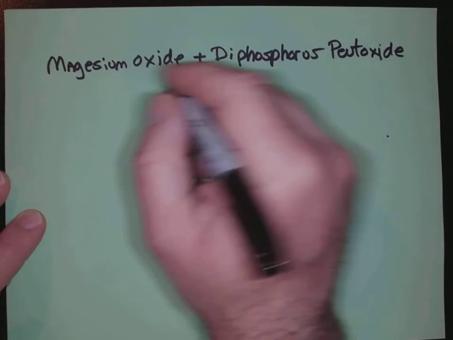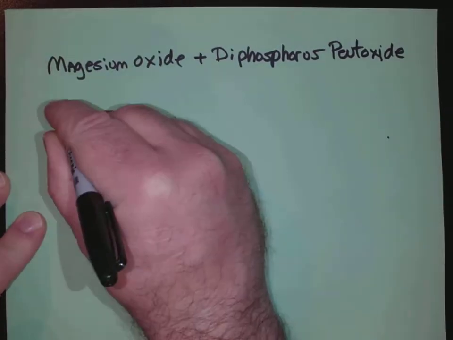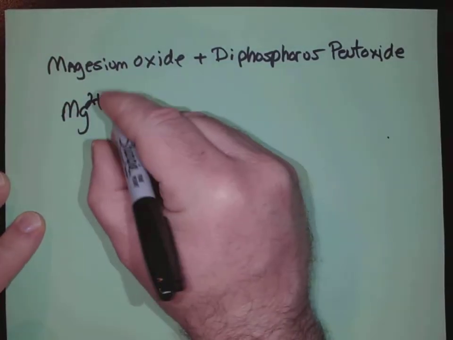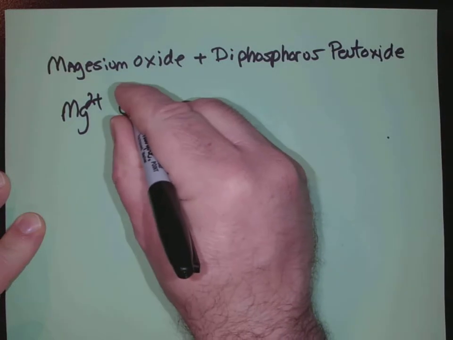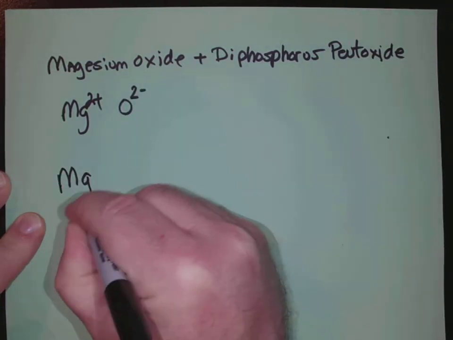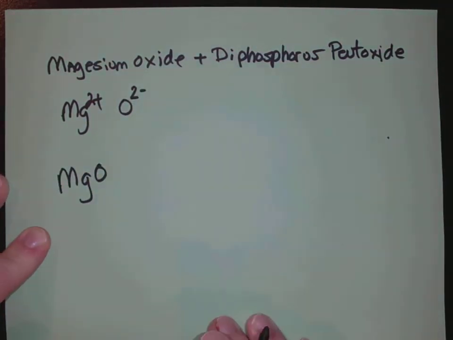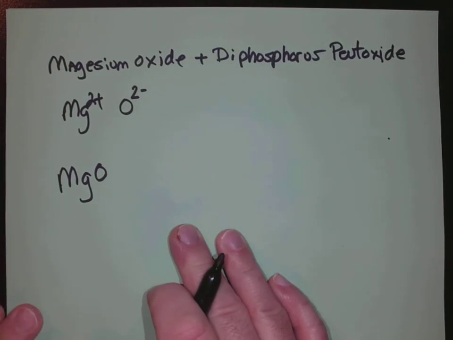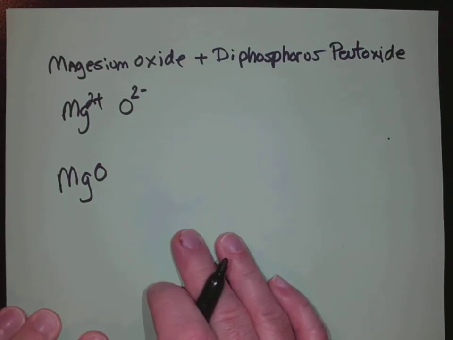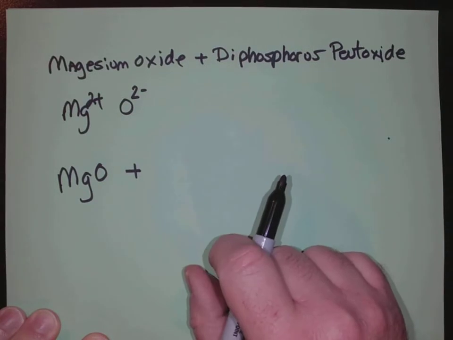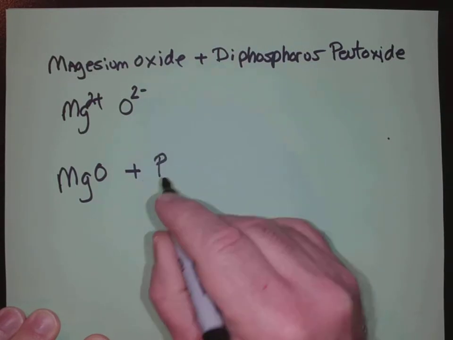Welcome back. Again, our ionic compound, magnesium, 2+ charge. All right, oxygen, 2- charge. So it's going to create some MgO on a 2-to-2 relationship. Diphosphorus pentoxide, P2O5.